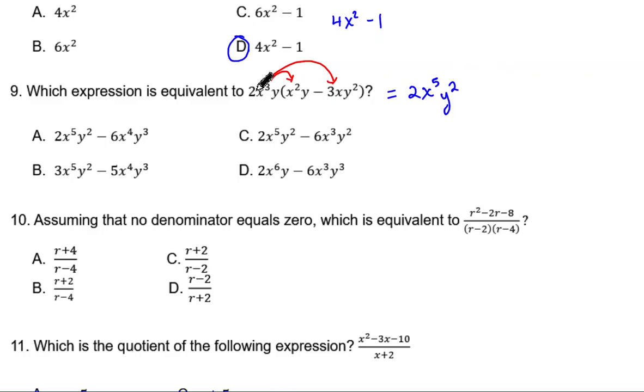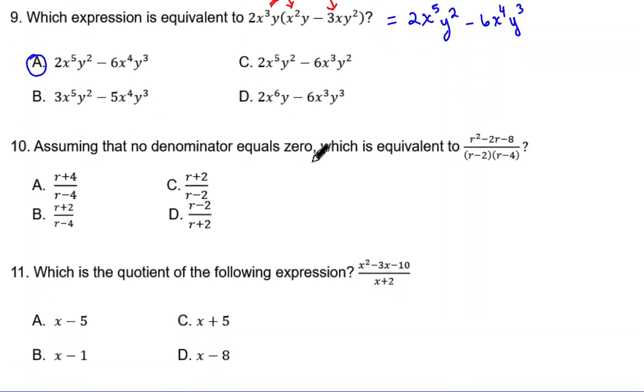And then you have 2 times negative 3, which is negative 6, x to the 4th, because you do 3 plus 1, which is 4. And then y times y squared is y cubed. And the answer is A.